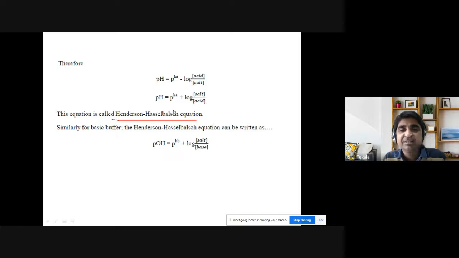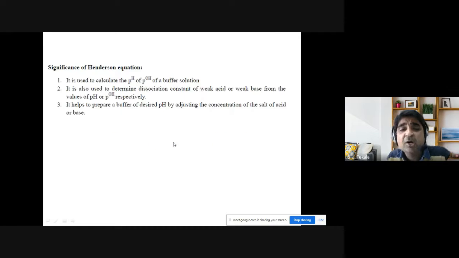The first thing, to calculate pH or pOH. Second, to prepare a buffer solution of desired pH or pOH. And third, to determine the pKa or pKb of the buffer solution.